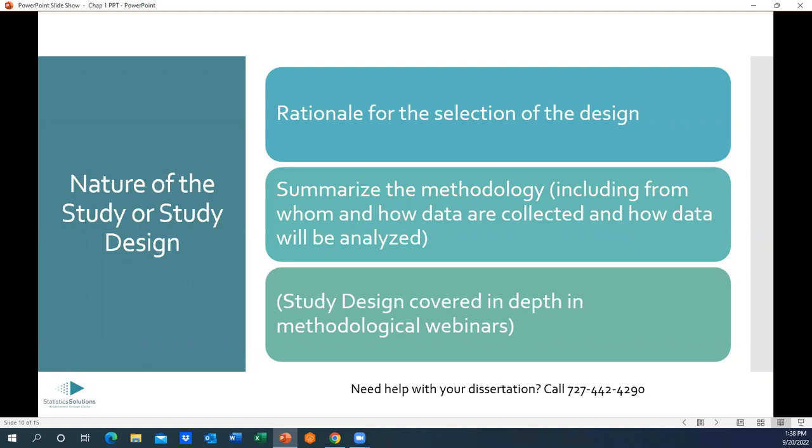But at this point, usually in chapter 1, it may involve stating what your design is going to be, usually some kind of rationale for the selection of the design, and some kind of summary of your methodology, including who you're going to get data from, how you're going to collect data, and how it's going to be analyzed. And again, if you're interested in more in-depth information on the study design, check our methods webinars.